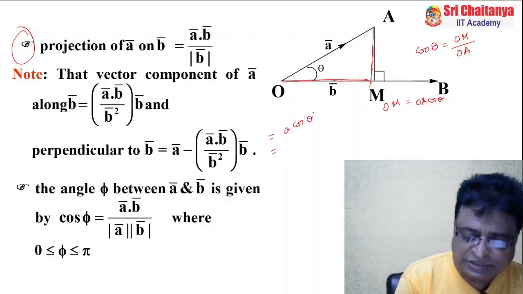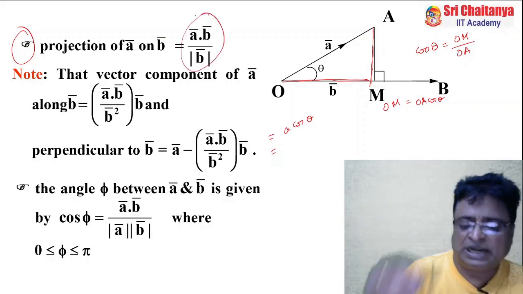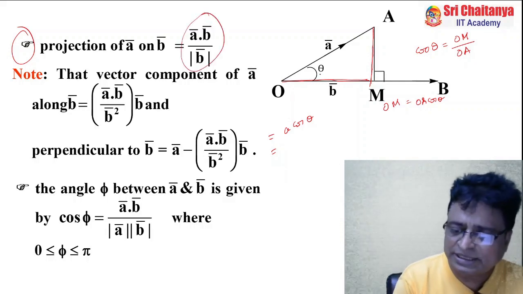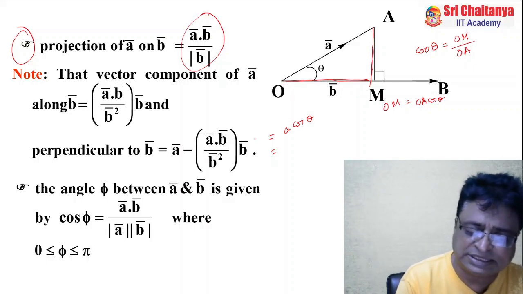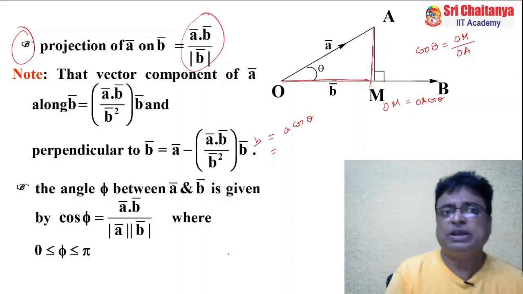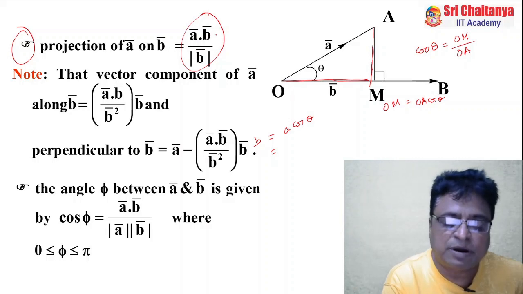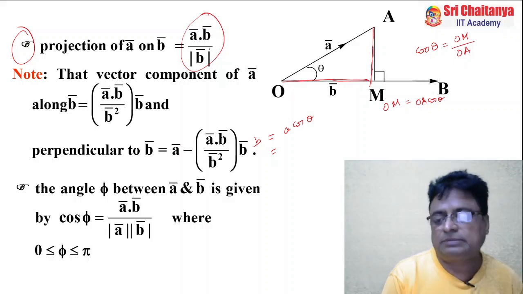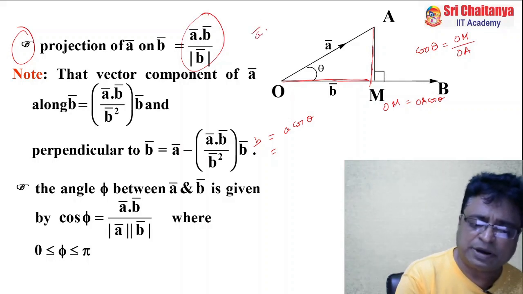Suppose this is a number. The same quantity here I have represented like this. So what is cos theta here? In other words, cos theta is equal to A bar dot B bar by mod A mod B. So projection of A bar on B bar is equal to A bar dot B bar by mod B bar.